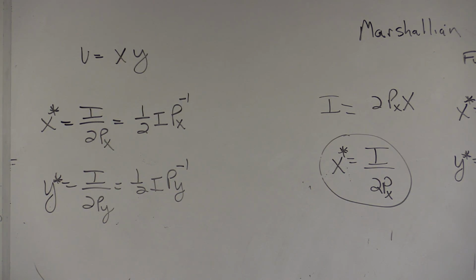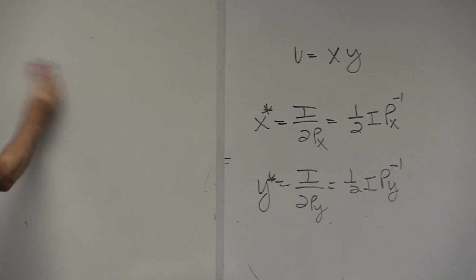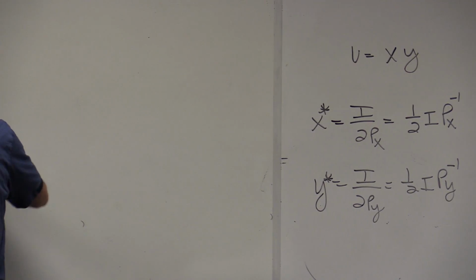Exactly right. You could use partial derivatives and do comparative static analysis. Here, the variables, in this case, px, py, and I are parameters, and x is a variable.